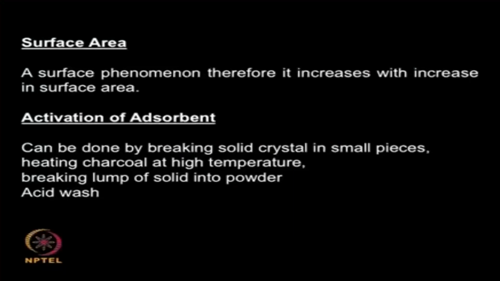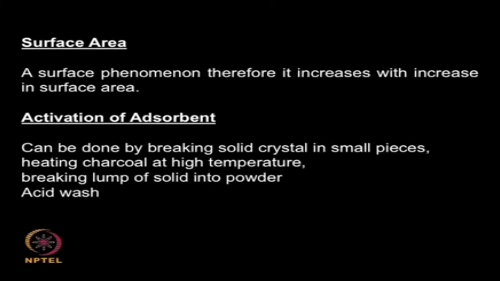That is why you have activated carbon sold in the market having several 100 meter square per gram as its surface area. Creating high surface area carbon for adsorption is a big challenge, and that is what industries do actually. So surface area is a very important parameter, and all the adsorption materials used here are high surface area materials.